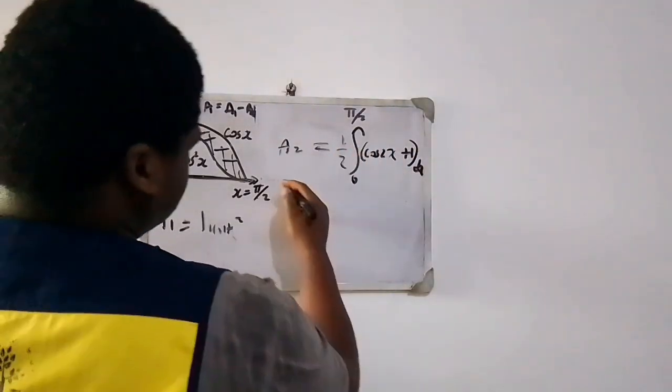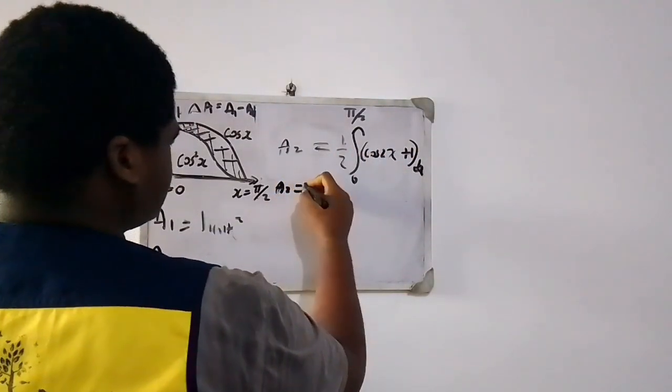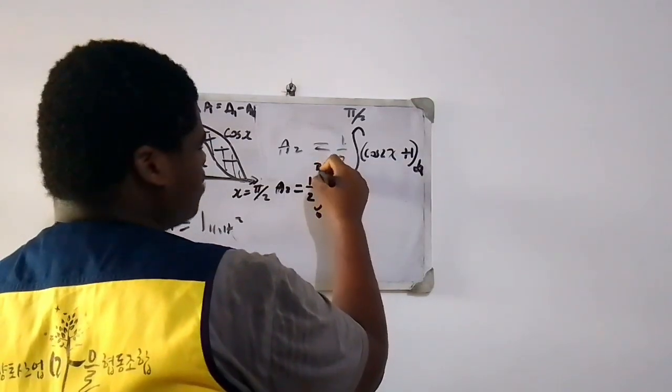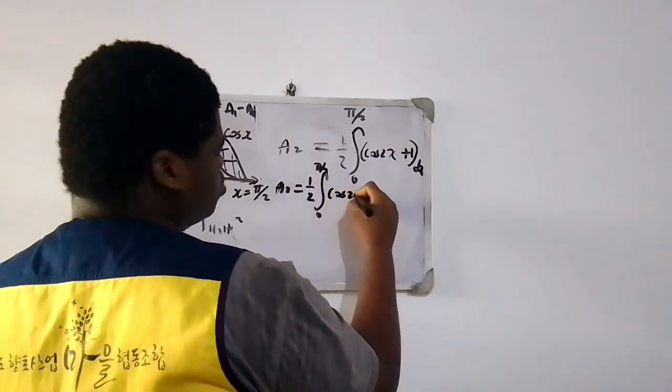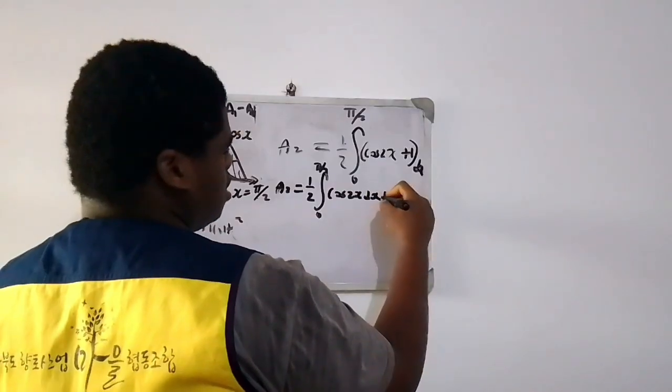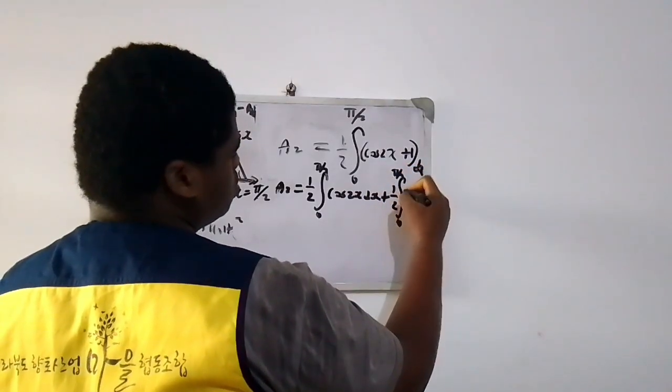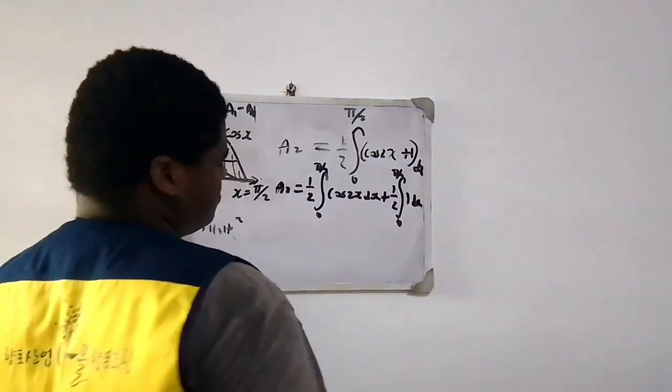So now you can separate this. So a2 is equal to half times the definite integral from 0 to pi over 2 of cos 2x dx plus half times the definite integral from 0 to pi over 2 of 1 dx.